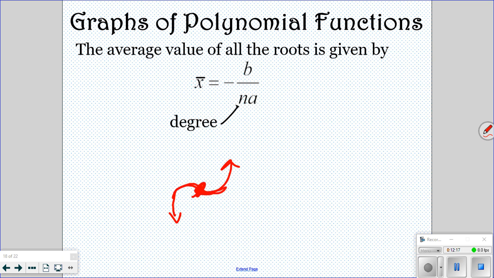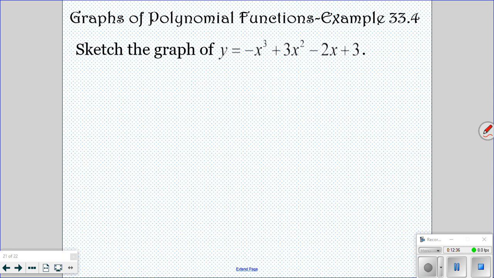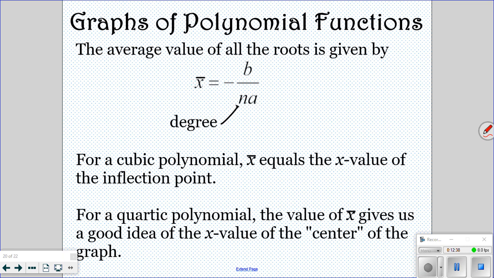This right here. And then for a quartic, x bar just gives you an idea of the center of the graph. So some people use x bar just so that you know where to start, kind of in the center of your graph. So that's what I was just telling you about the cubic and for the quartics.